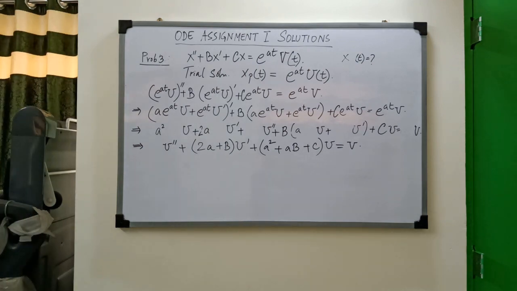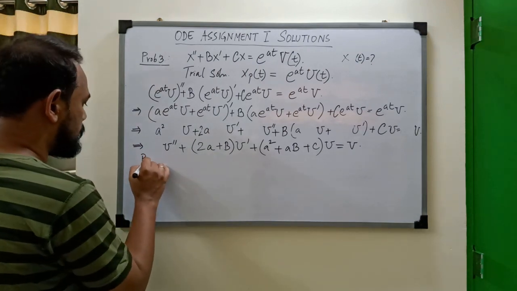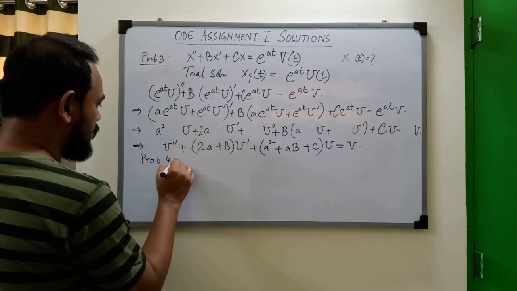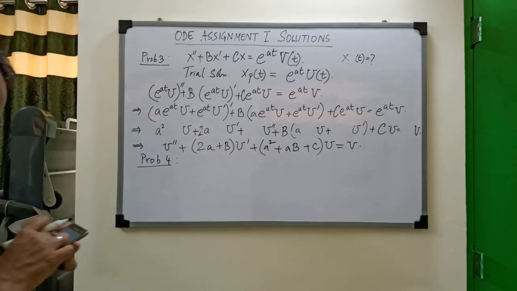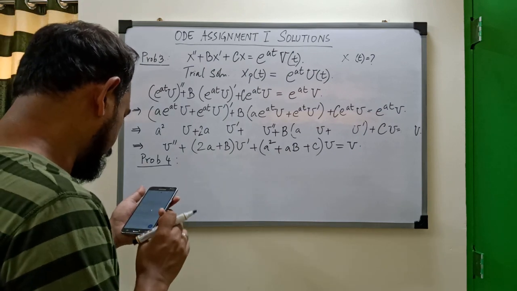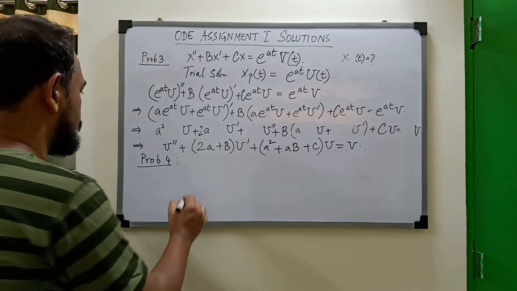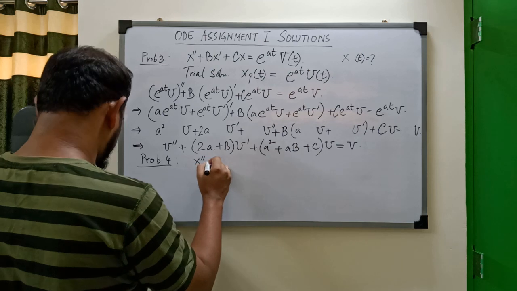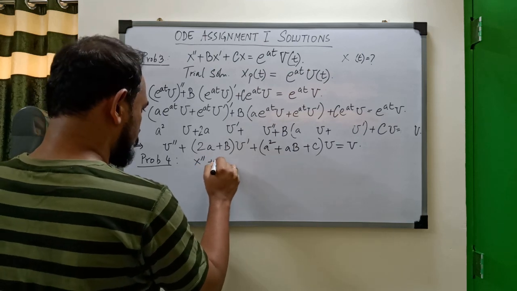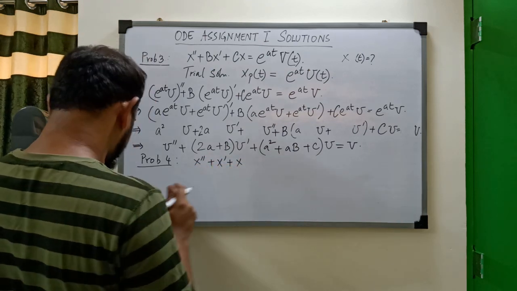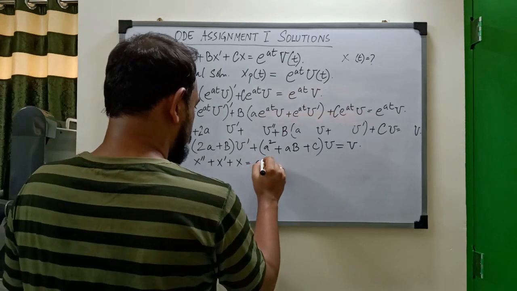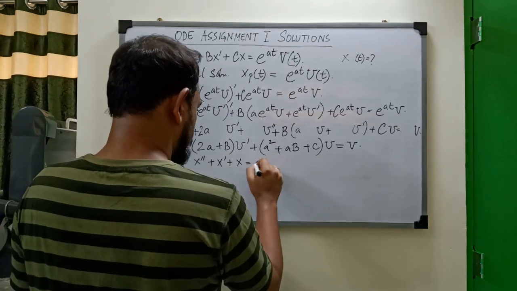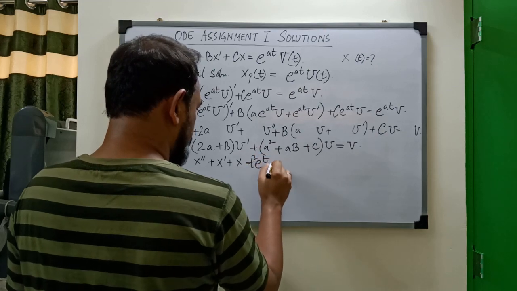The next problem says, I'll just write it here, problem 4 says that you have to solve this differential equation, or just find the particular solution. You have x double prime plus x prime plus x equals t squared e to the power t.